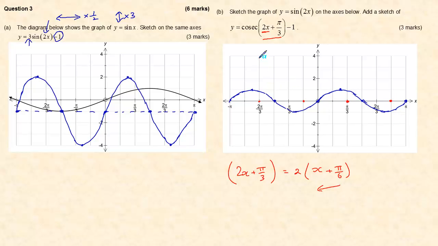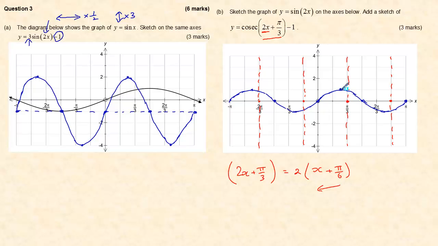And those will end up being asymptotes. Because remember, we're dividing by sine x. And so where it's 0, that's where we'll get the vertical asymptotes.